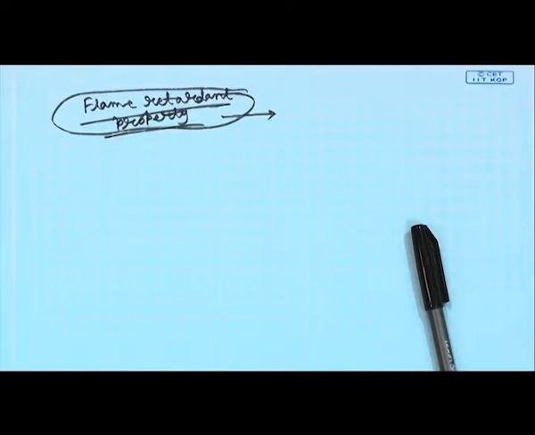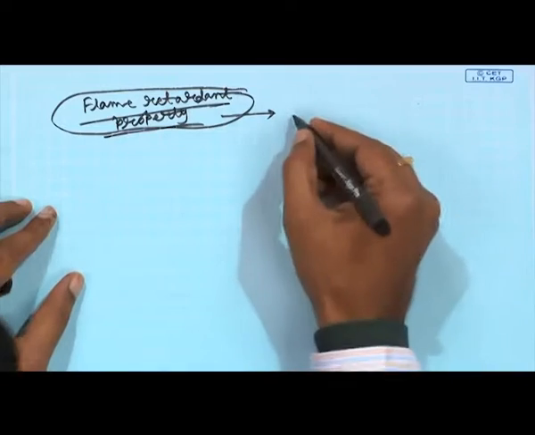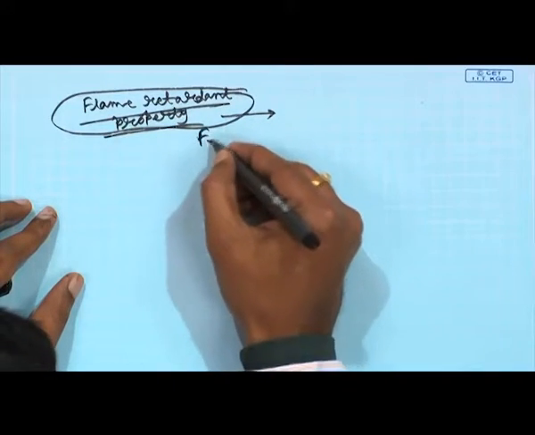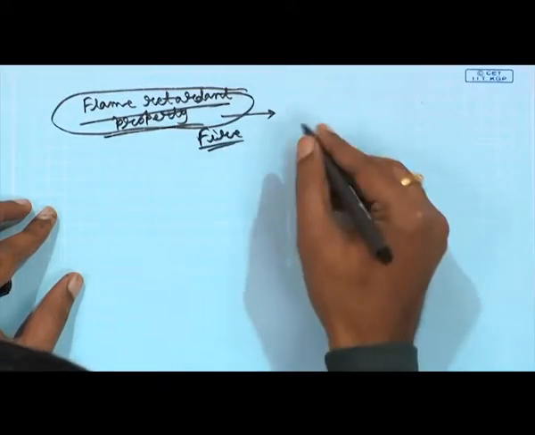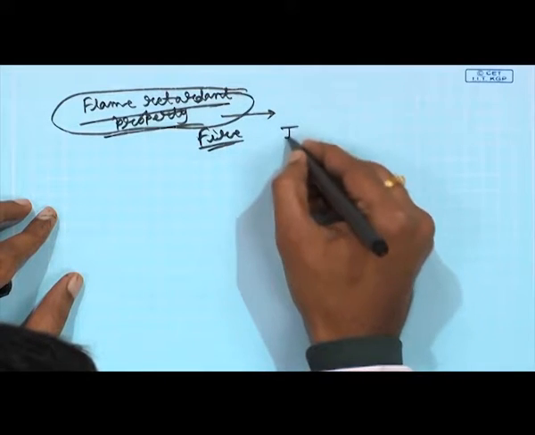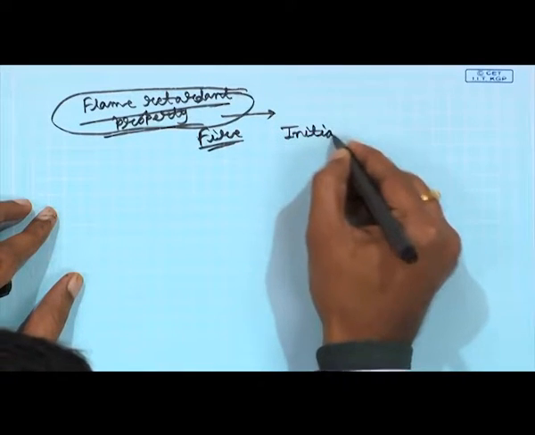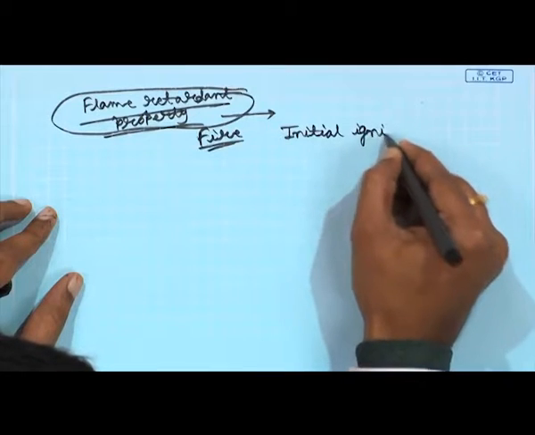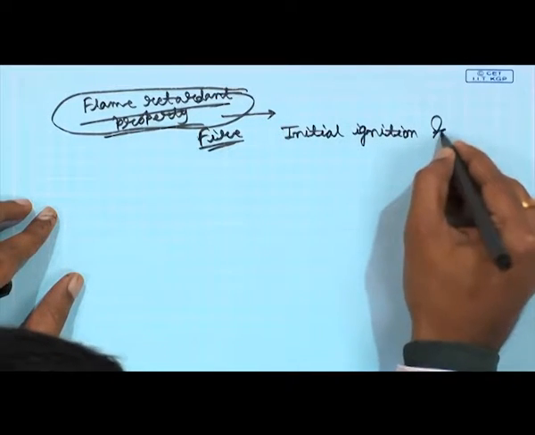Basically, what happens is that when you are having a fire, typically you have an ignition source, initially an initial ignition source.